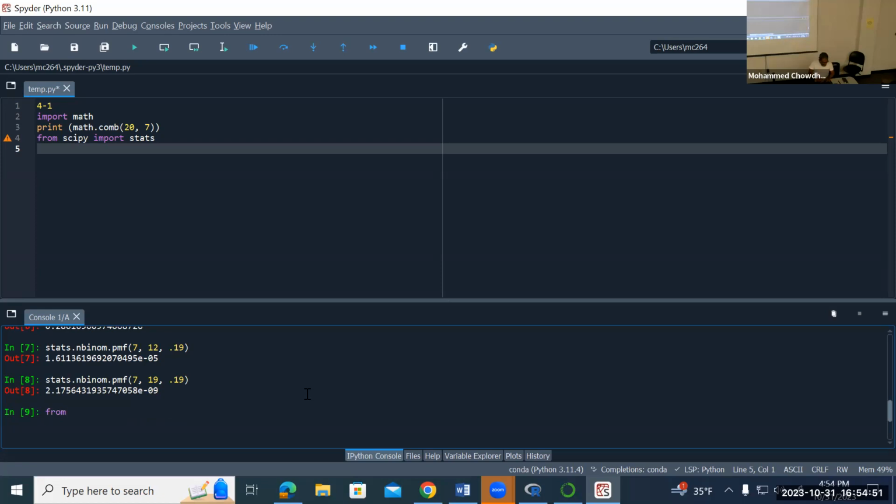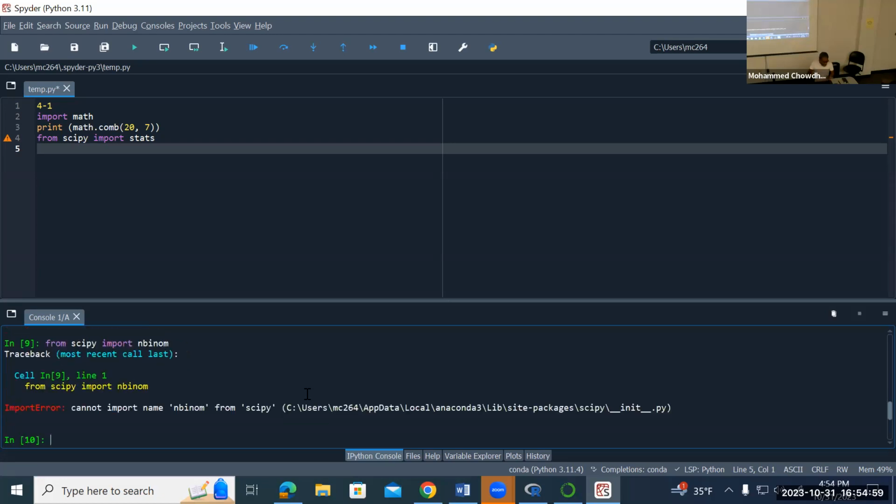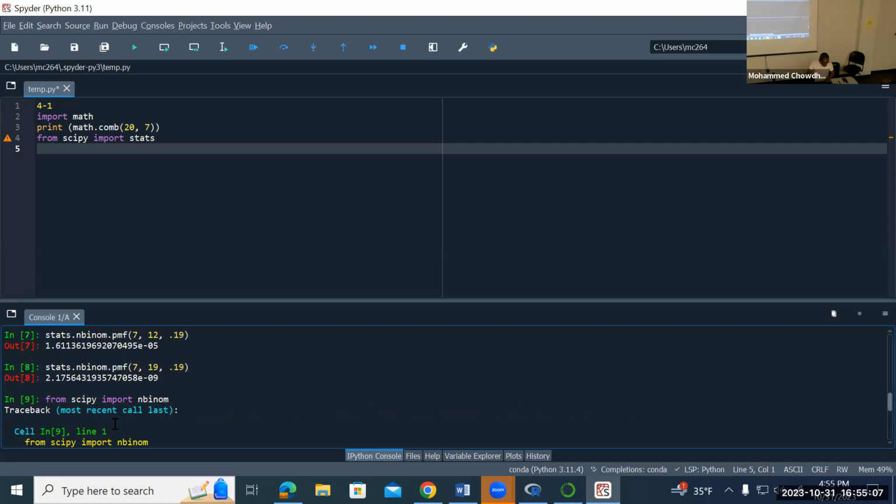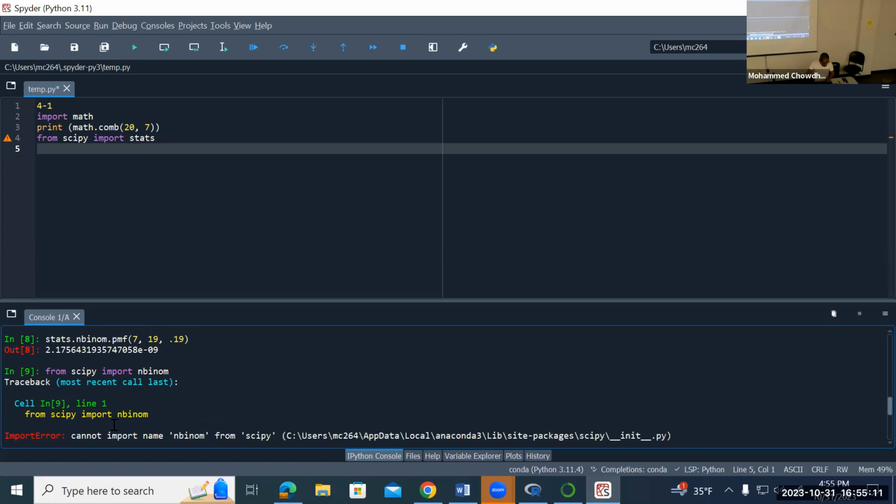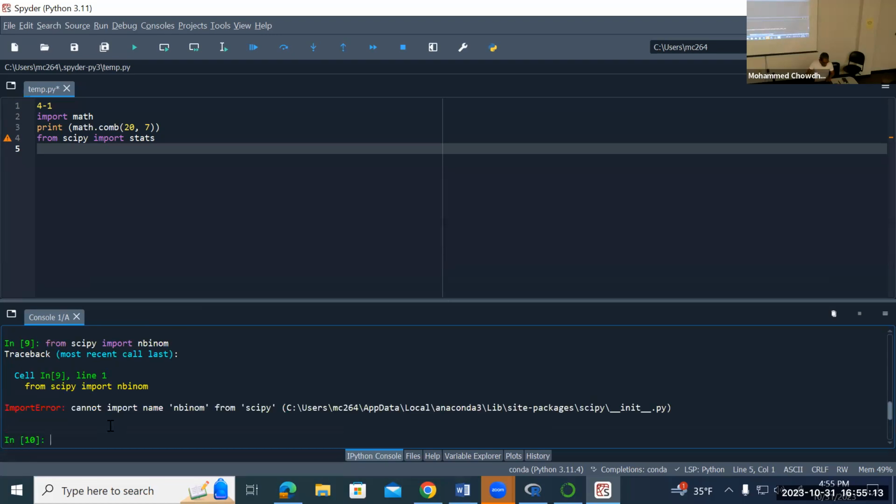From scipy import nbinom like this. Okay. And nbinom from scipy import nbinom is not finding. I think at least the one I found online says you can do it just like that. What is the spelling of the binom?